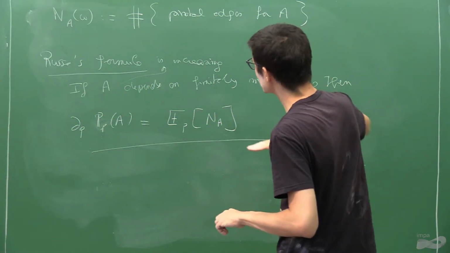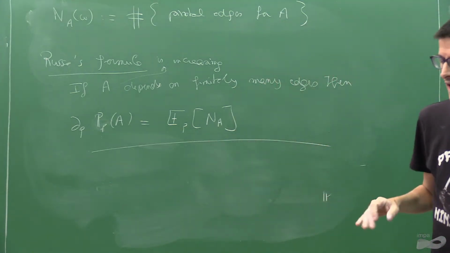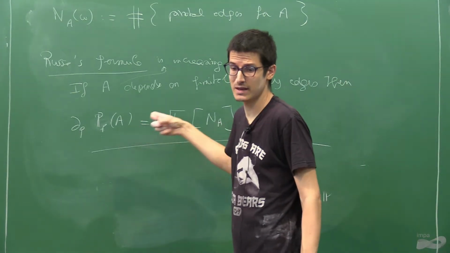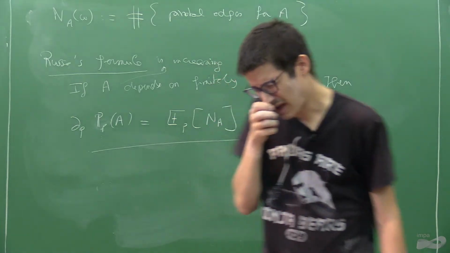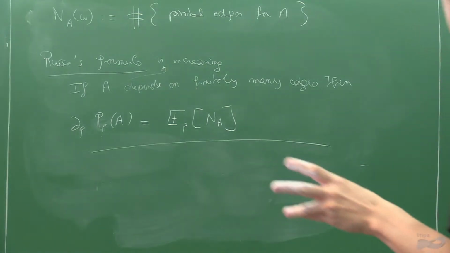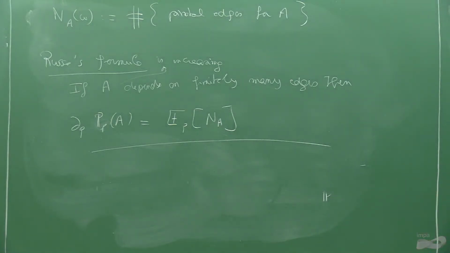What I could do is just use the coupling argument as it was before and see what the difference is with epsilon, make epsilon tend to 0, and this would actually work. But if you do this, you have to do it separately for p plus epsilon and p minus epsilon. So it's a bit more elegant if instead of considering a fixed p for all the edges, you consider a different p for each edge. This will make the proof basically cleaner.